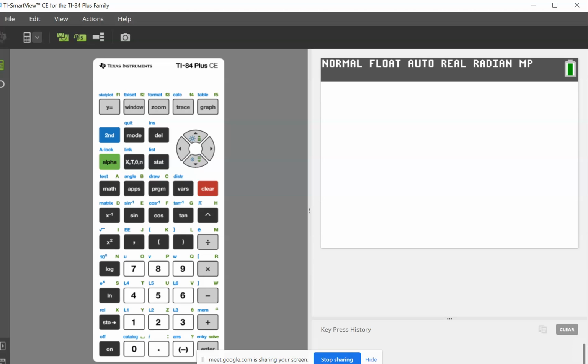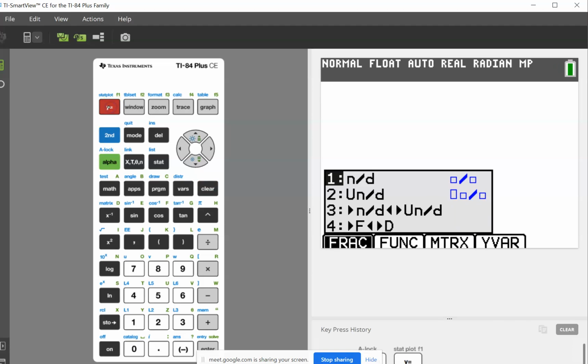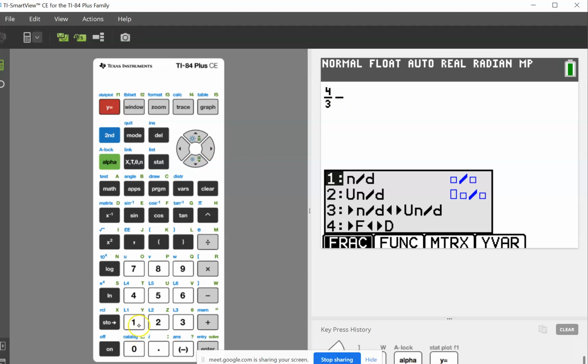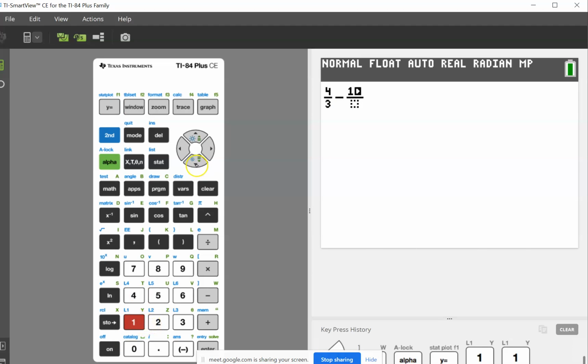For some of you, if you're not as familiar with the calculator, let me show you how you can type the fraction in. If you do alpha y equals, and choose number 1, I'm then going to type in 4/3, press the right arrow to make the cursor come out from underneath, minus, alpha y equals, choose number 1, and then type in the 1/3.